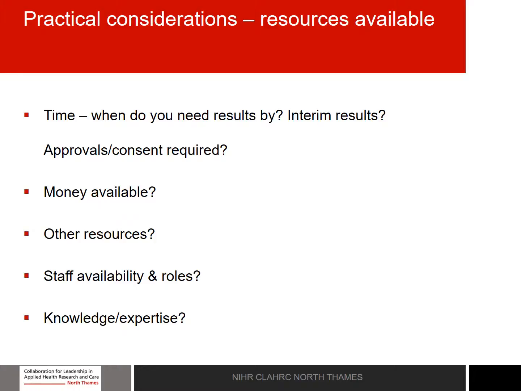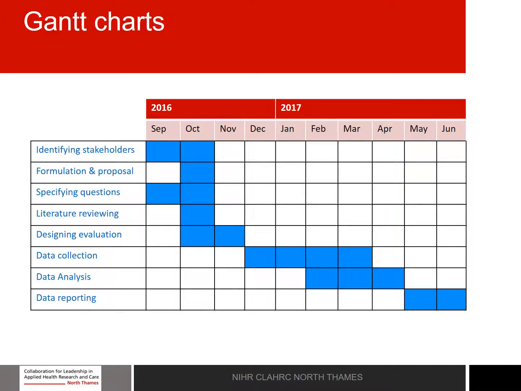For example, resources needed for data collection could include questionnaire development, printing, and mail-out costs, online survey development, and so on. Aside from being clear about the budget availability for the evaluation, it can be useful to develop a Gantt chart to sketch out the timeline of various evaluation activities, working backwards from the deadline for findings.